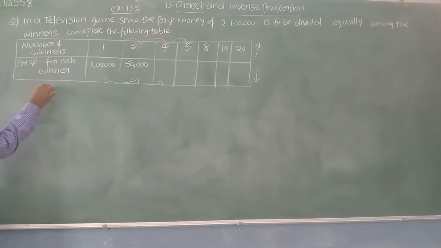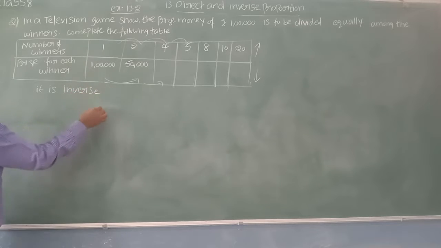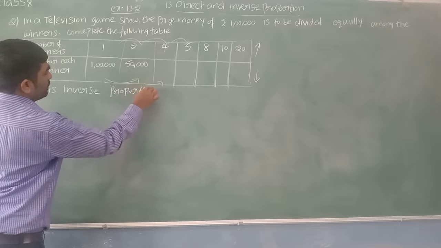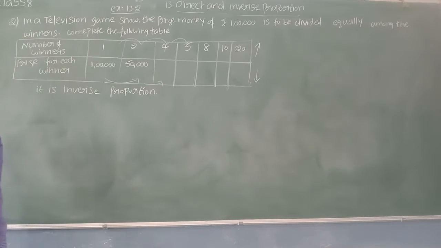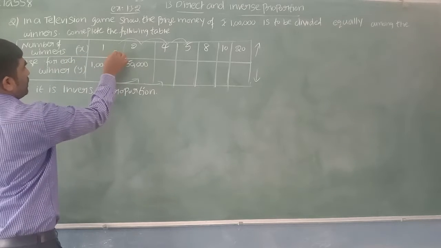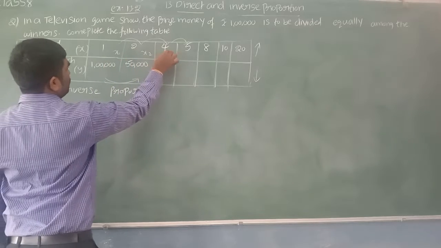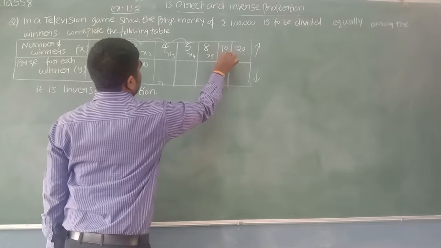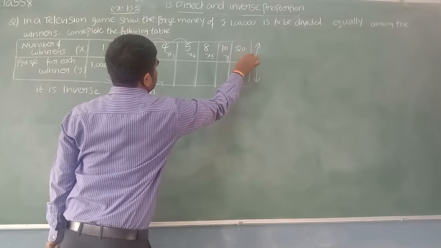So we can write here, it is inverse proportion. Let me take the first quantity as x and the second quantity as y. The corresponding values of the first quantity x we will take as x1, x2, x3, x4, x5, x6 and x7.